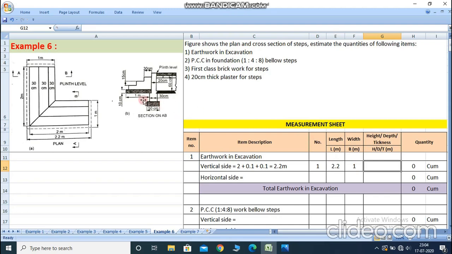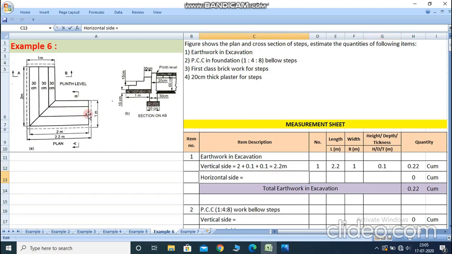In the cross section part, a small part is given as 10 centimeter. So this side. Clear? So the height or thickness is given as 10 centimeter. Centimeter we first convert into meter because all the dimensions are in meter. So 10 centimeter converted into meter is 0.1 meter. Now the total vertical side of the excavation is calculated.